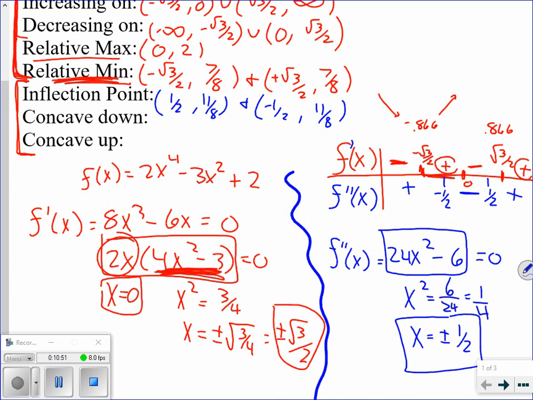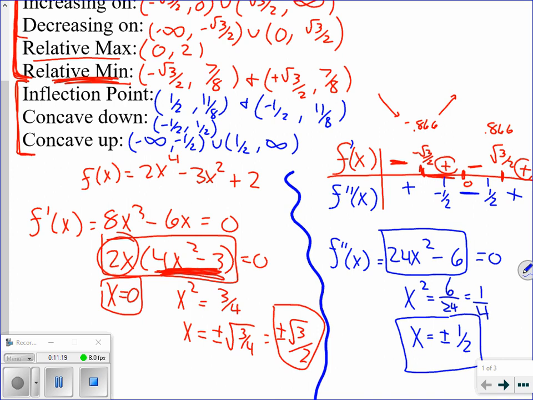So the positive and negative from our previous lesson, we know those tell us concavity. It's concave up from negative infinity to negative 1/2, and also from 1/2 to infinity. It's concave down between negative 1/2 and 1/2.